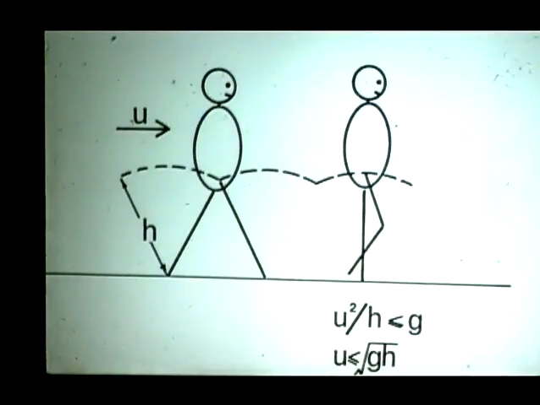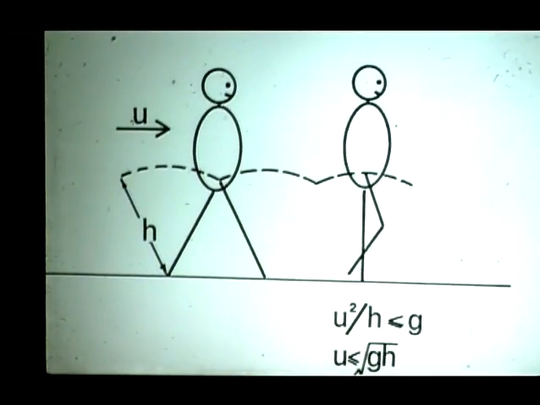The acceleration is speed squared divided by radius. In this model, that is u squared divided by h. Look at the picture on the right with the leg vertical. The body's got an acceleration u squared over h downwards towards the foot.